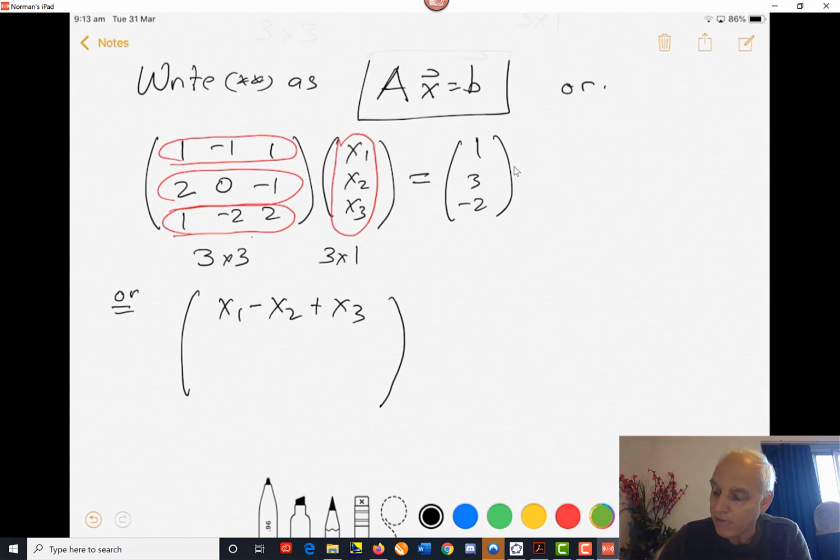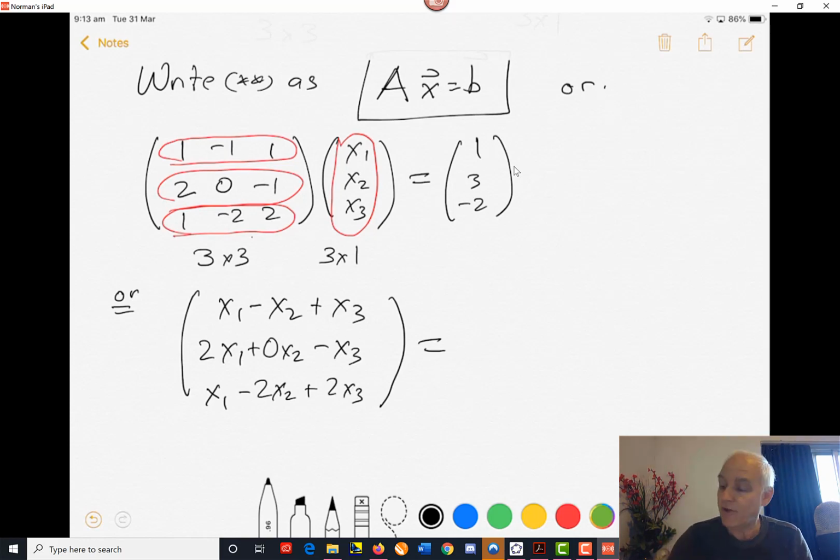So it's 2x1 plus 0x2 minus x3. And then the third product is the product of this third row, 1 minus 2, 2, with the same column vector. That's x1 minus 2x2 plus 2x3. So that's the result of the left-hand side, and that's equal to 1, 3, minus 2.